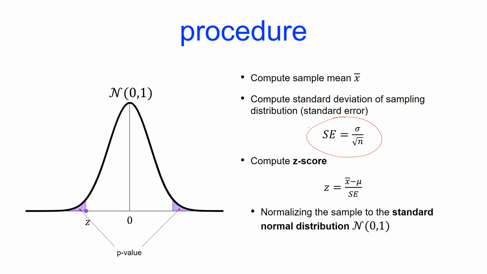Then you will compute your sample mean, x bar, and plug this x bar into your distribution. This point will be the z-score, which is computed using this formula.